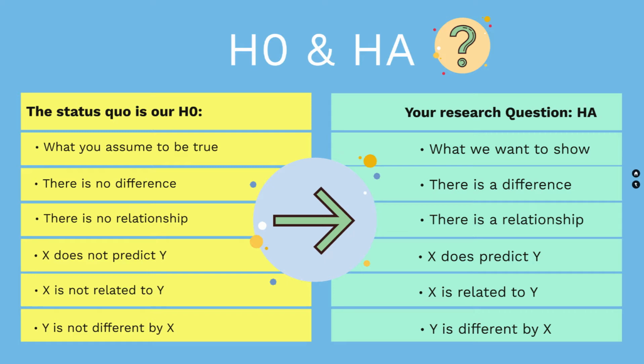If X does not predict Y under our null hypothesis, X does predict Y under our alternative hypothesis. If X is not related to Y under our null hypothesis, then X is related to Y under our alternative hypothesis. And finally, if Y is not different by X under our null hypothesis, then Y is different by X under our alternative hypothesis.